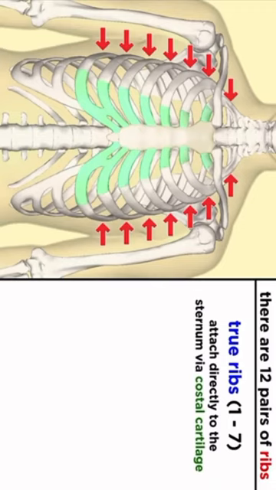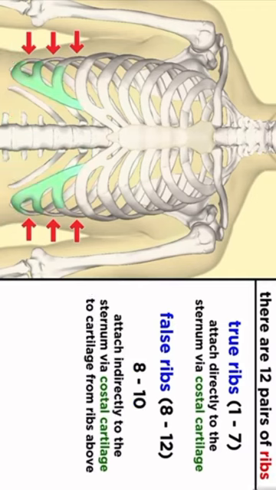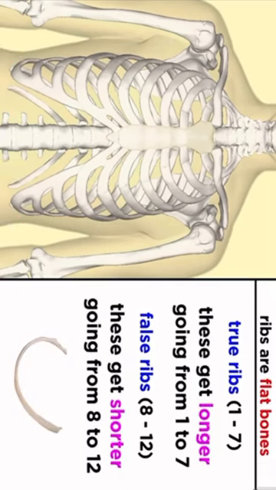Then there are 5 pairs of false ribs, 3 of which attach to the sternum indirectly, with costal cartilage joining the cartilage from ribs above, and then the last 2 are called floating ribs because they don't attach to the sternum at all. Ribs are flat bones that get longer going from pair 1 to pair 7, and then shorter again from 8 to 12.